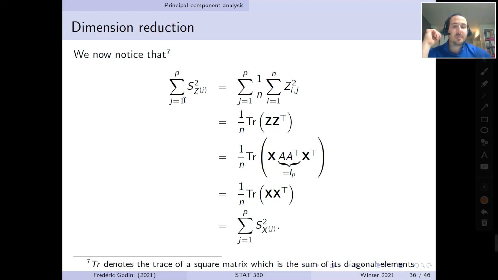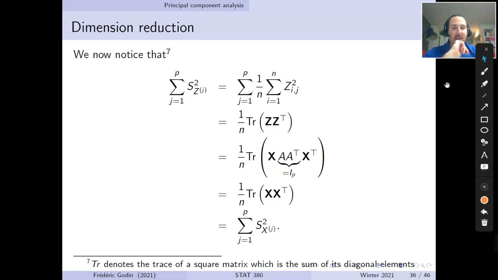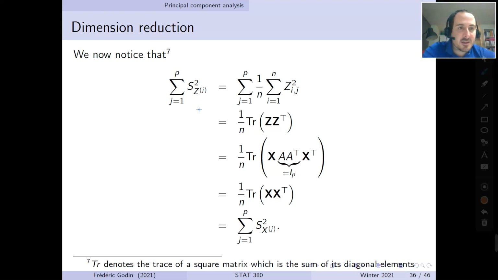But what we did is that we selected the eigenvectors such that these s_j squared, the sample variances of the Zs, would be very large for small j. If the summation is fixed, and the first terms are very large, then the last terms are very small and we will be able to neglect them. So the sum goes from j equals 1 to p prime.